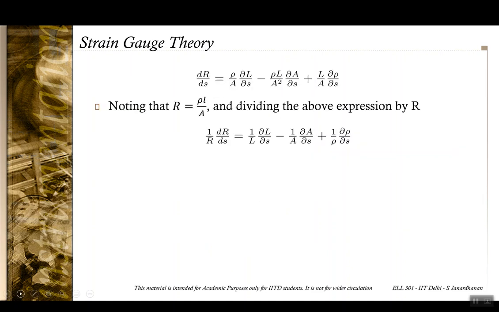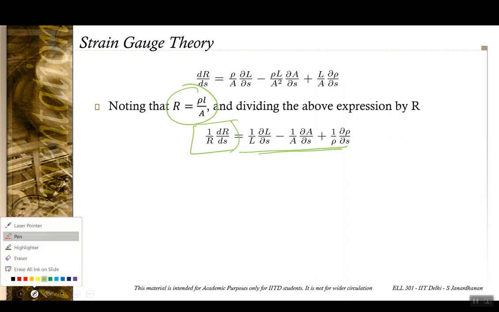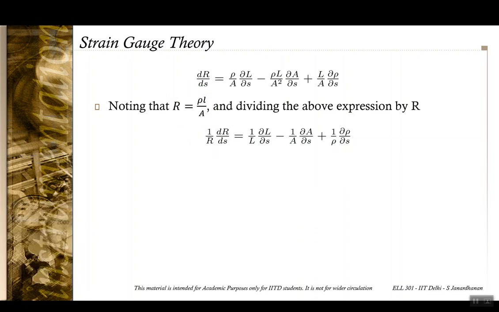Now if we try to find 1 by R dou R by dou S, and use the formula R is rho L by A, you can simplify the relationship to be this. Again you have this relationship, and in addition to this, we assume that the stress is going to be small.